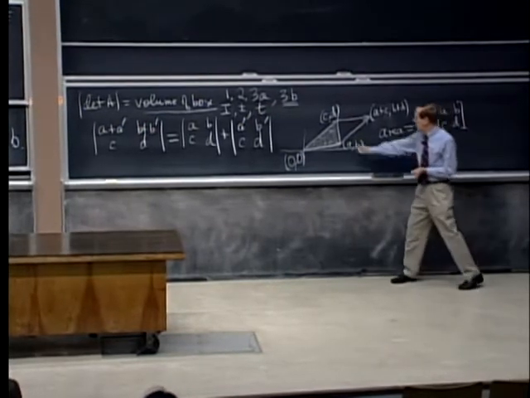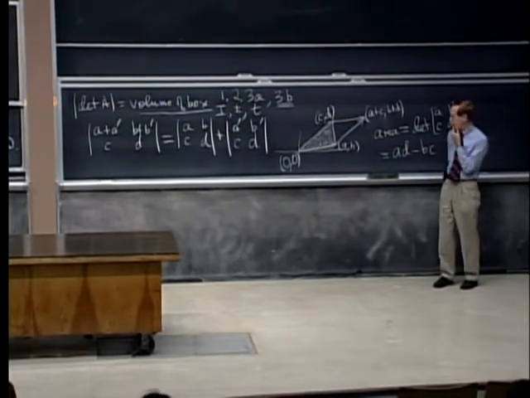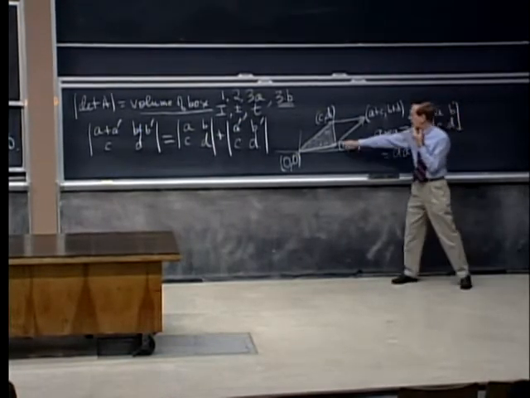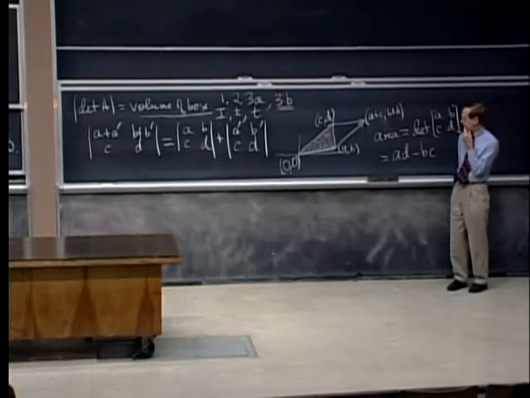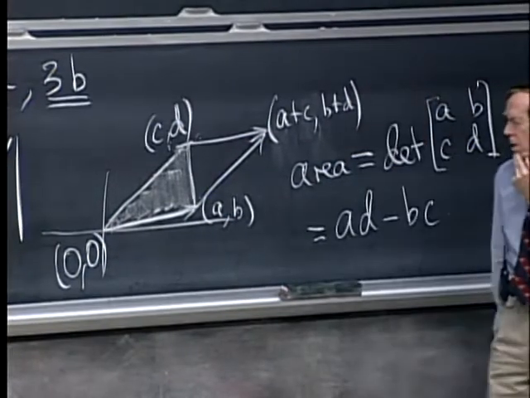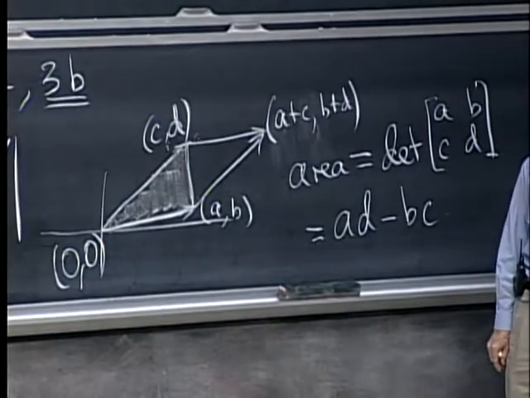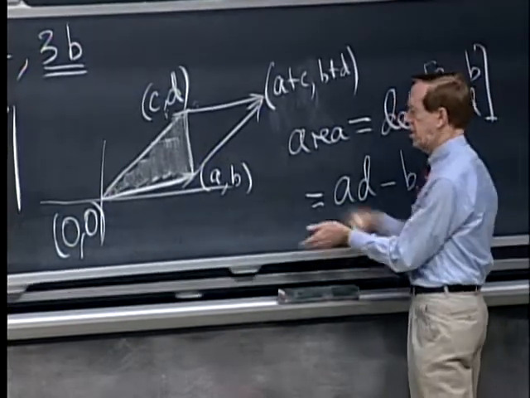But here, what we know is the coordinates of the corners. We know the vertices. If I know A, B, C, D, and 0, 0, what's the area? It's just half of this.